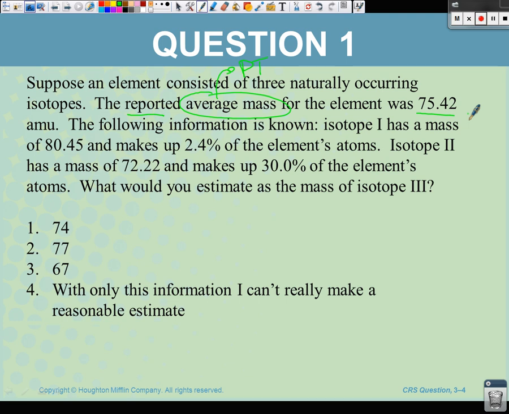One weighs 80.45 grams, the other one weighs 72.2, and we're trying to find the mass of the missing one. Of that 100, how many of them weigh 80.45? Almost 2.5 of them, right? Obviously you can't have 2.5 atoms, but it's based on an average. Isotope 2 has a mass of 72.22 and makes up 30% of the element's atoms. What would you estimate as the mass of isotope number 3?